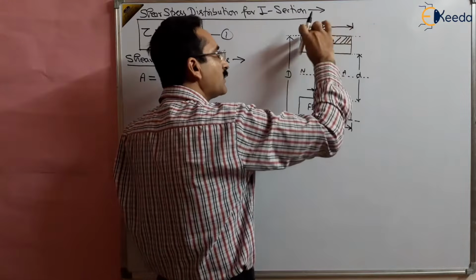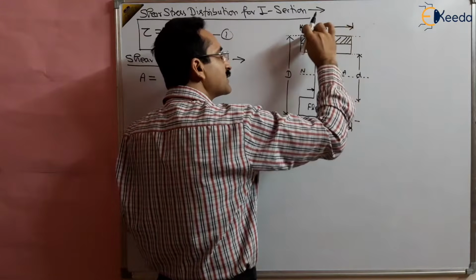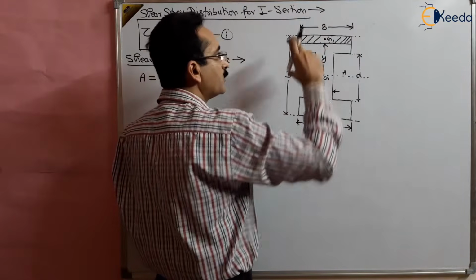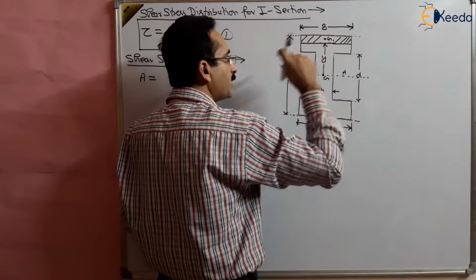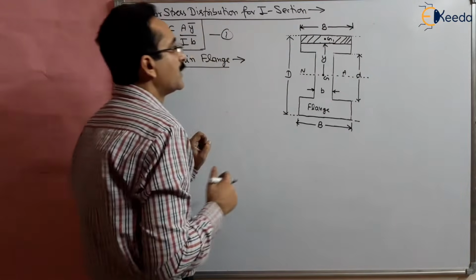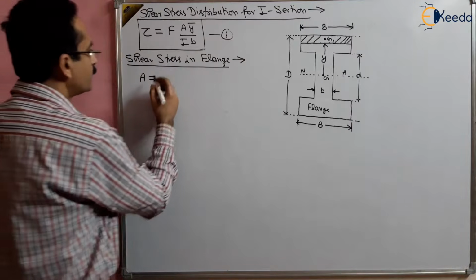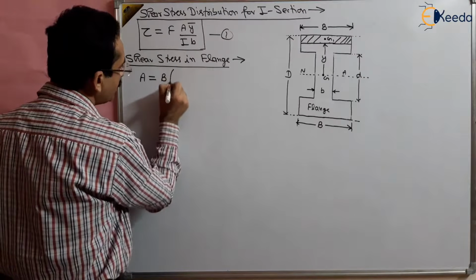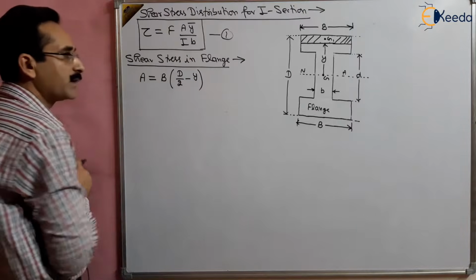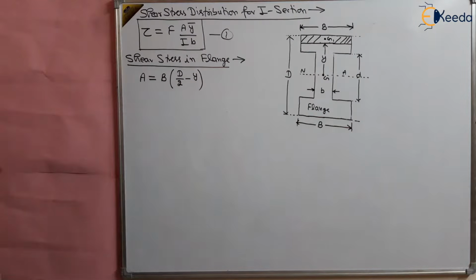So capital B multiplied by this small thickness, which is d by 2 minus y. So the area will be equal to B multiplied by (d by 2 minus y). This is the area of this small strip.